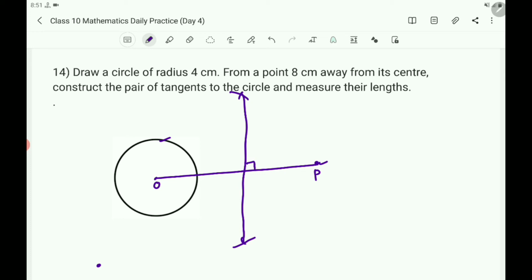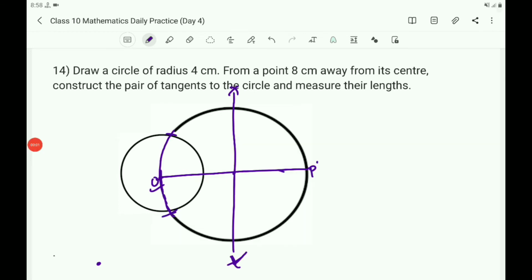at perpendicularly. Now you draw the circle. The circle must pass through the points O and P. Here OP is a diameter and O is the center of the second circle, and mark the points at which both the circles meet, and those 2 points are the points of contact.